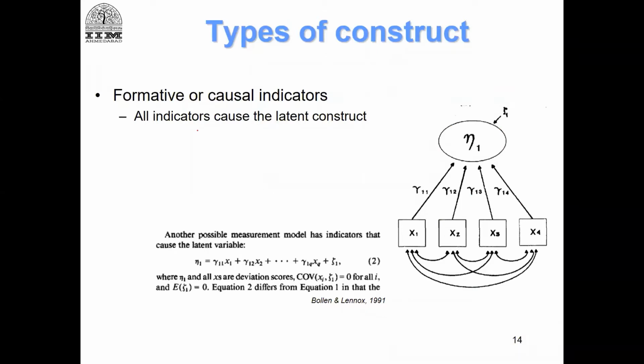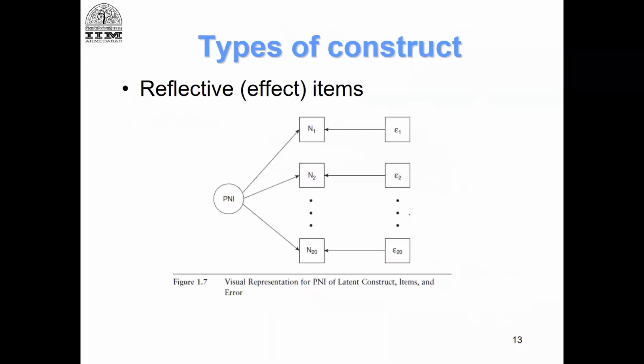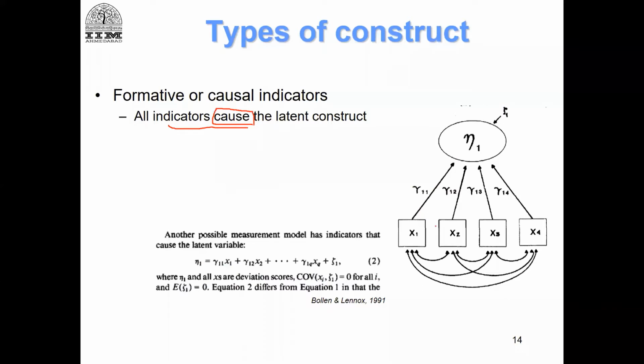So what does it mean? All indicators cause, underline this word cause, and that is why they are called causal indicators. They are causing this latent factor. In this case, these observed were being caused by the latent. Here the latent is being caused by the observed items.